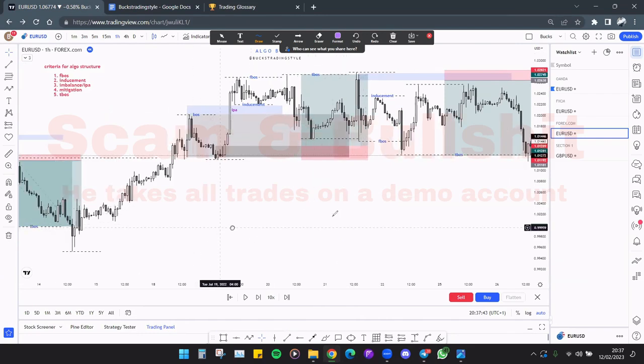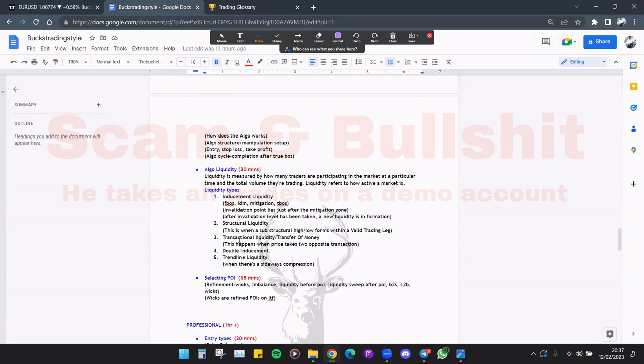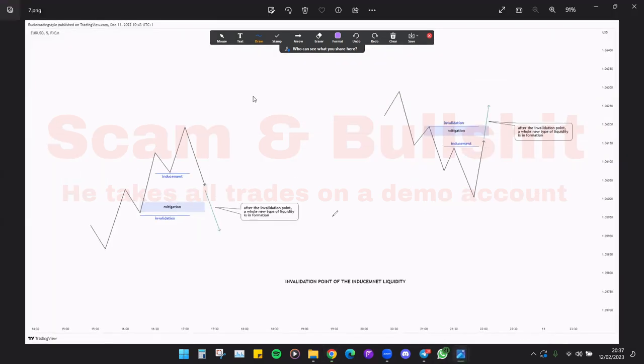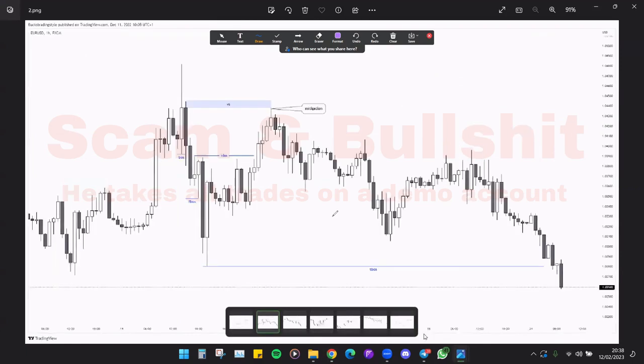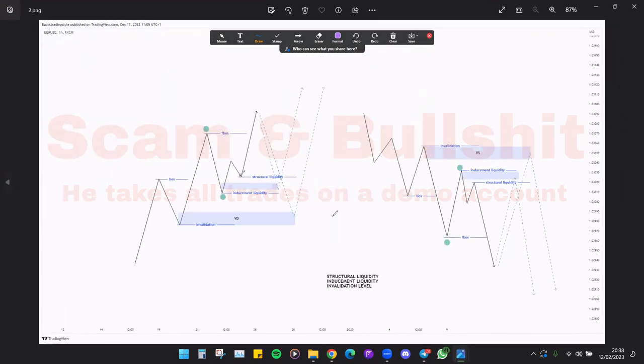So let's see the next type of liquidity, which is the transactional liquidity, or transfer of money. Remember how I said after the SLQ, we have our inducement liquidity?